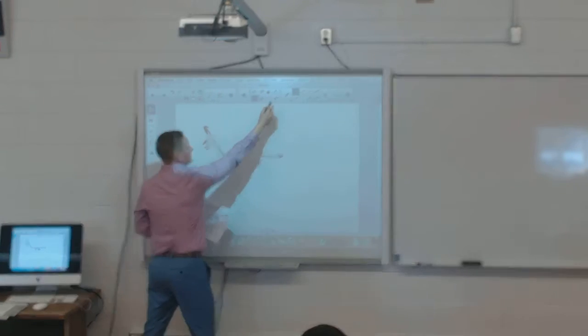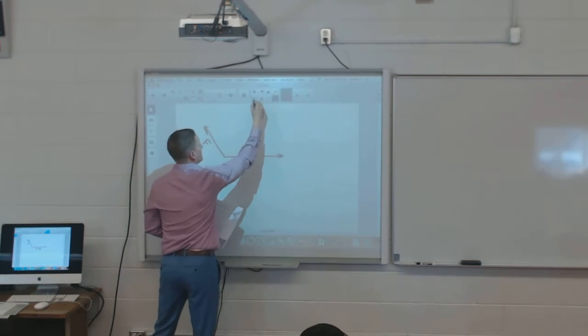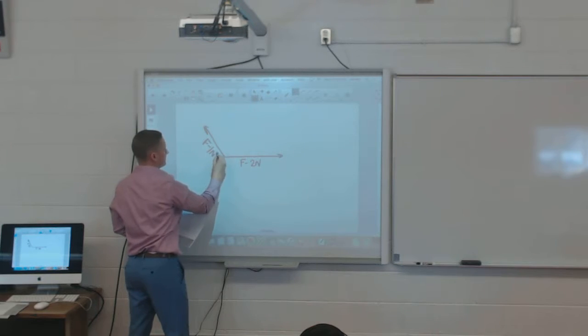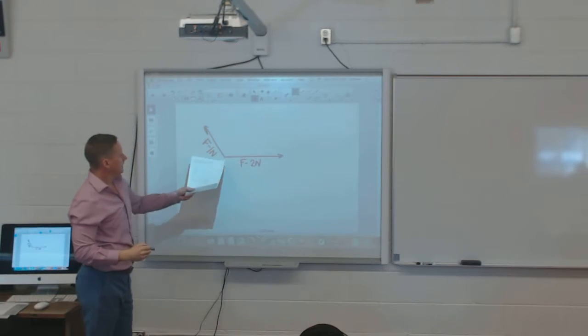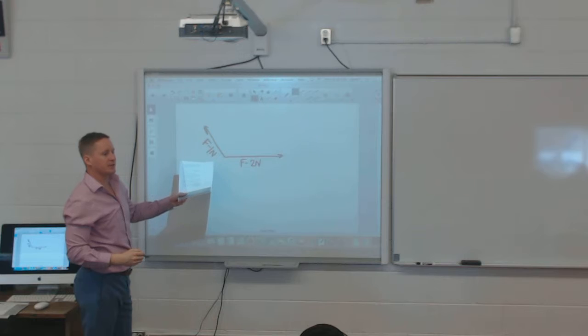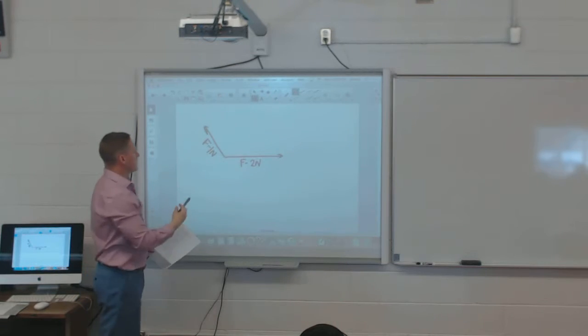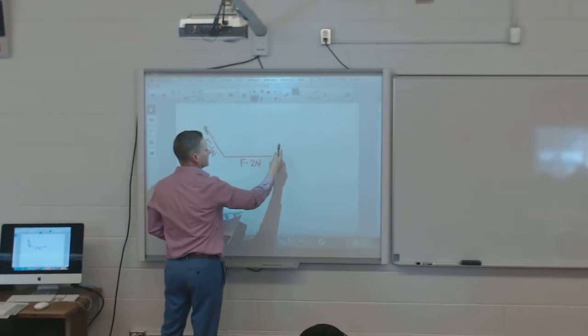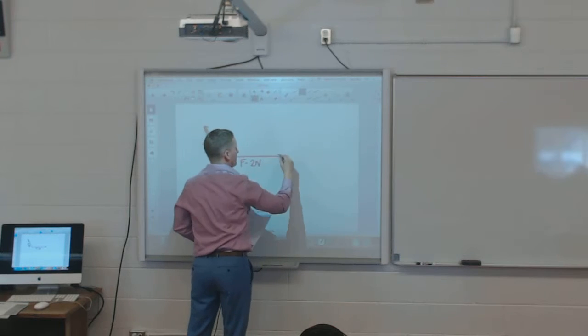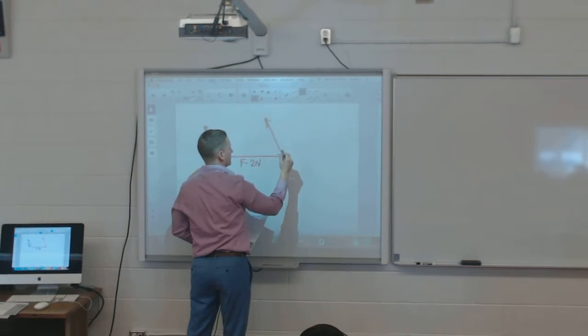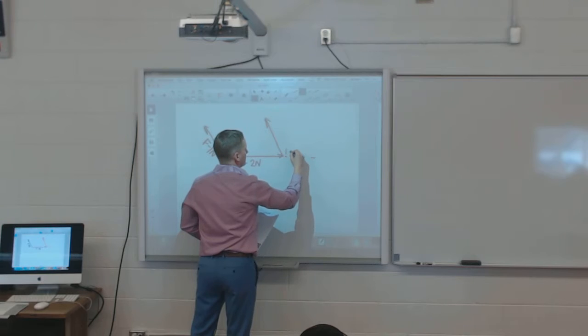But the problem is it's tail to tail, which means I'm actually subtracting it. So what I do is I take this guy and I move him to the tip of this one. So I move him right here.